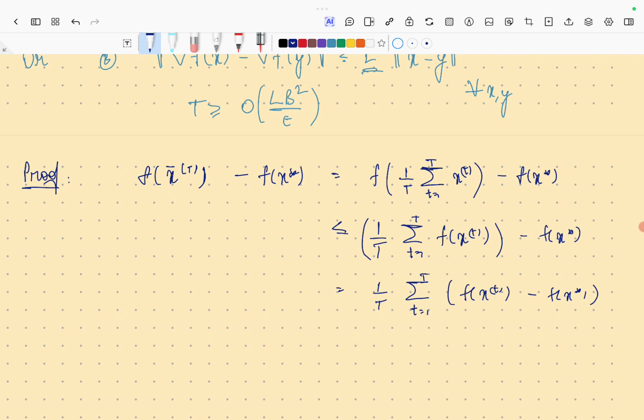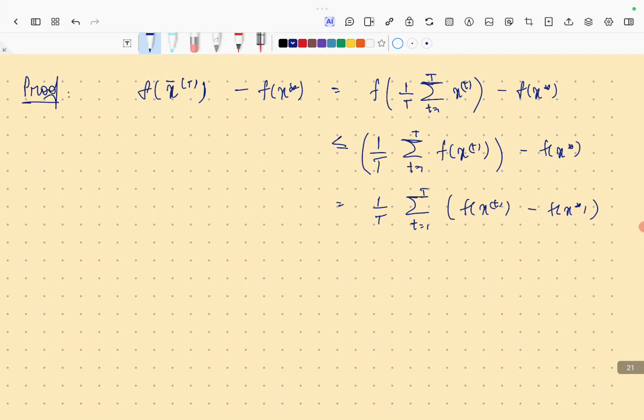Right away, hopefully, if f of xt minus f of x star is bounded, then you can immediately see that as t becomes large, the right-hand side becomes small. So we already have some reasonable control over f of x bar minus f of x star.